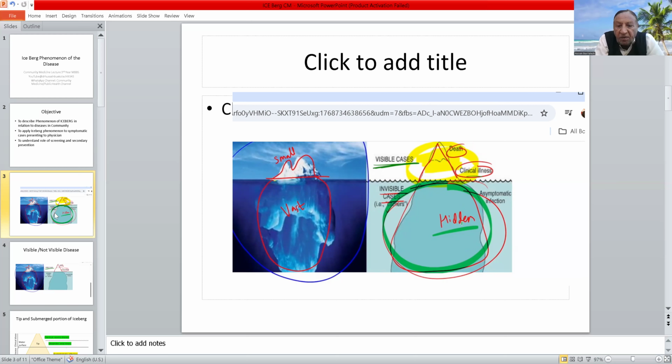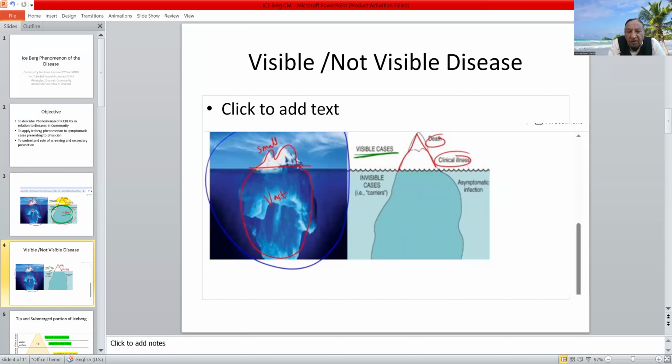Then there are invisible cases, inapparent infections, latent or hidden infections, with minor symptoms or no symptoms. Even the carriers don't have symptoms, but they carry the germs. The invisible cases are mostly carriers and asymptomatic infections, while death and clinical cases are already visible.